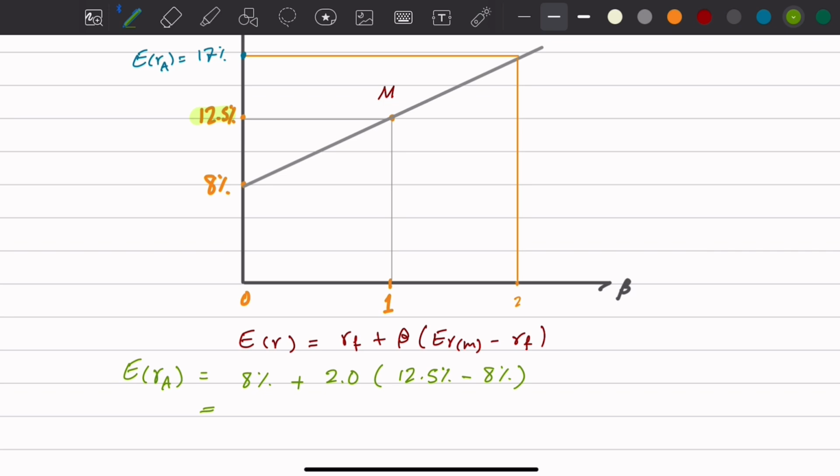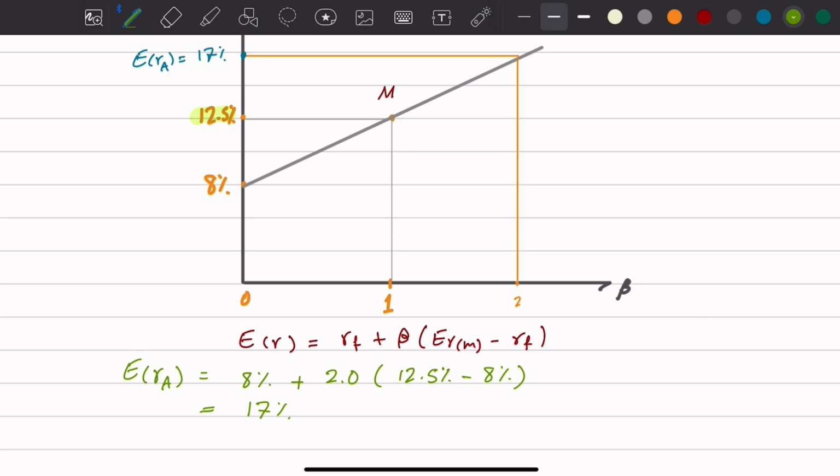That would be 2 multiplied by 4.5, which is the difference between the 12.5 and 8. Okay, plus 8, that is 17%.